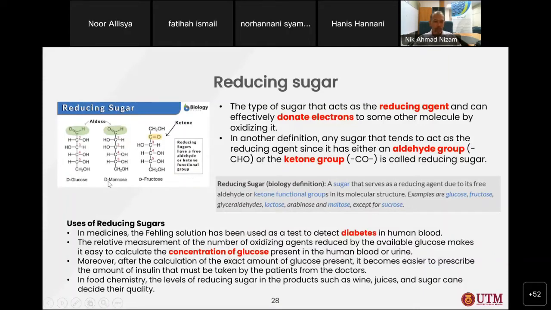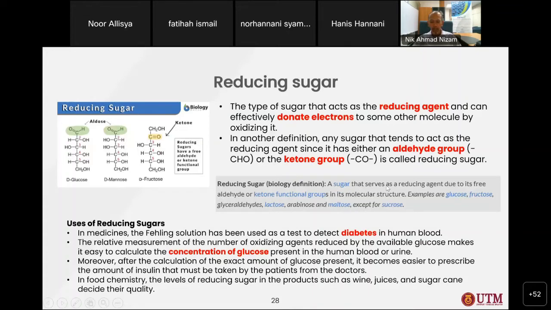D-mannose contains an aldehyde. Reducing sugars have a free aldehyde or ketone functional group. Any sugar that tends to act as a reducing agent, since it has either an aldehyde group or a ketone group, is called a reducing sugar.